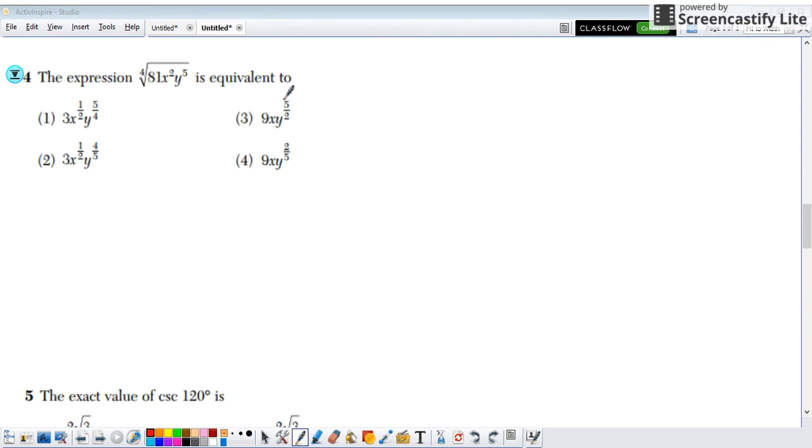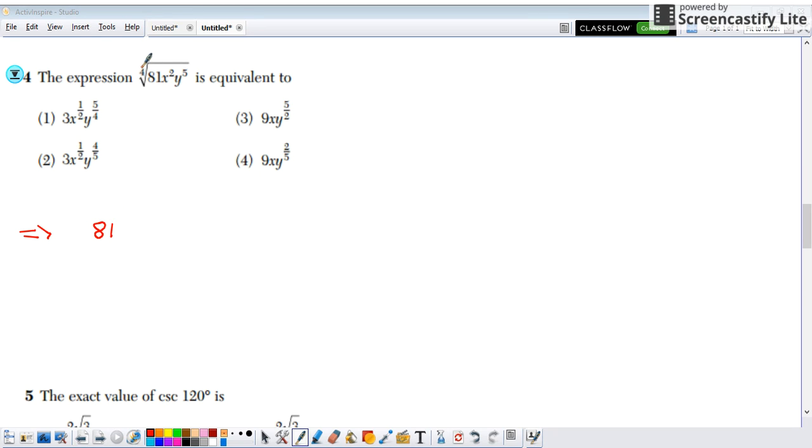Now, in example 4, they're asking us to simplify the following. You gotta remember that any root, you can bring it as a fractional exponent, which means that we can rewrite this expression as the following. 81.